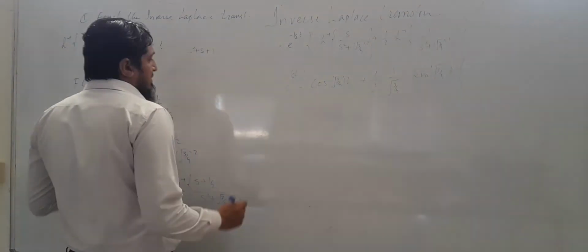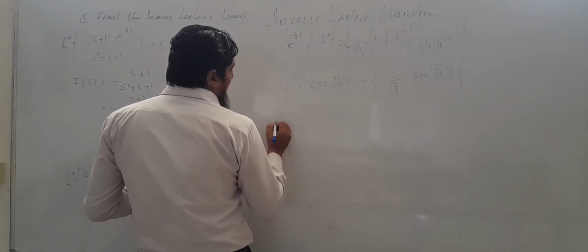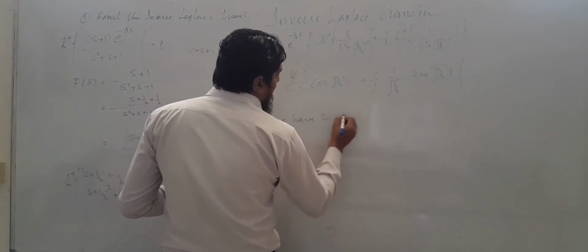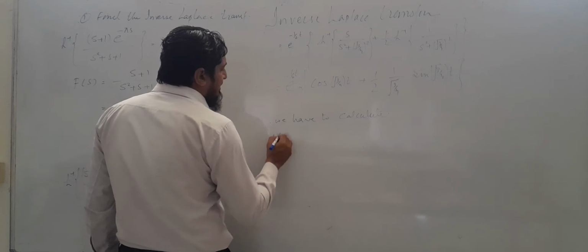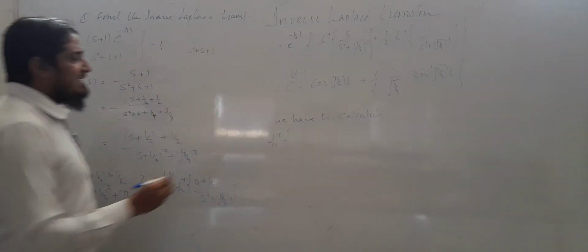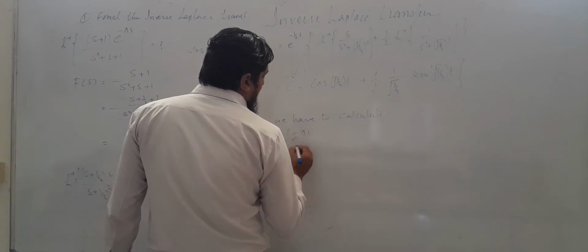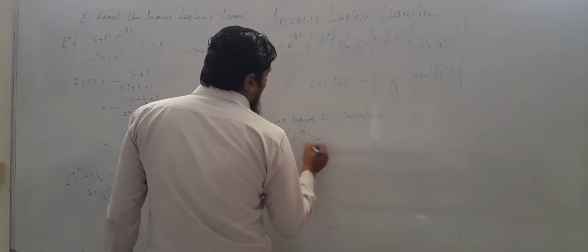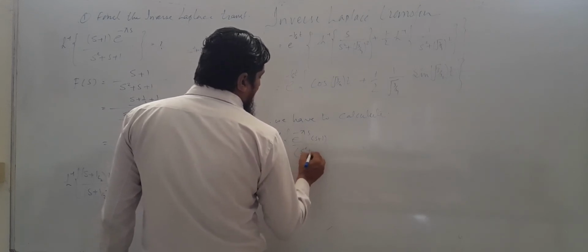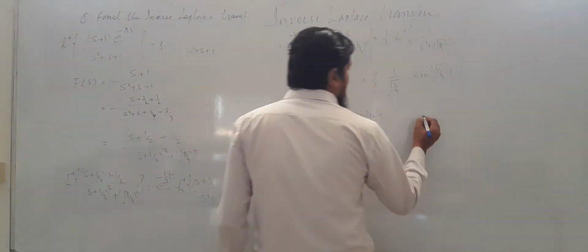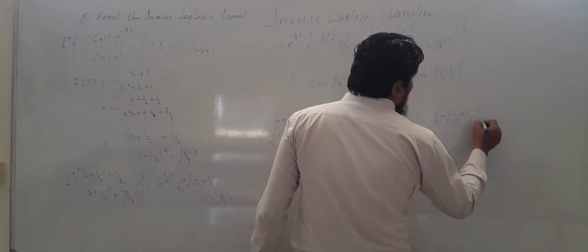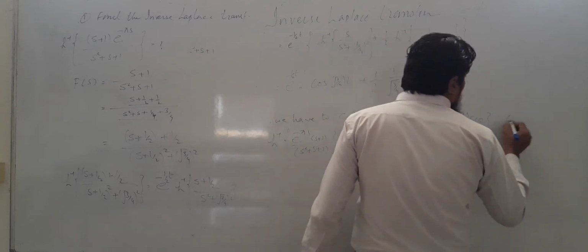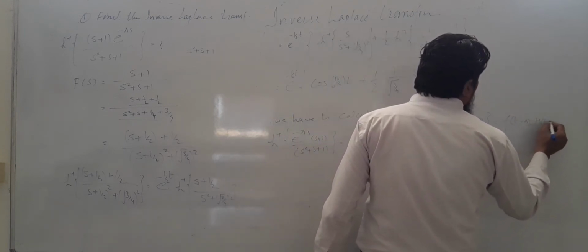Now, since we have to calculate the inverse Laplace transform of e raised to minus 5s upon s into (s plus 1) upon (s square plus s plus 1) by using the formula inverse Laplace transform of e raised to minus as f of s, which will give us f of t minus a h of t minus a.